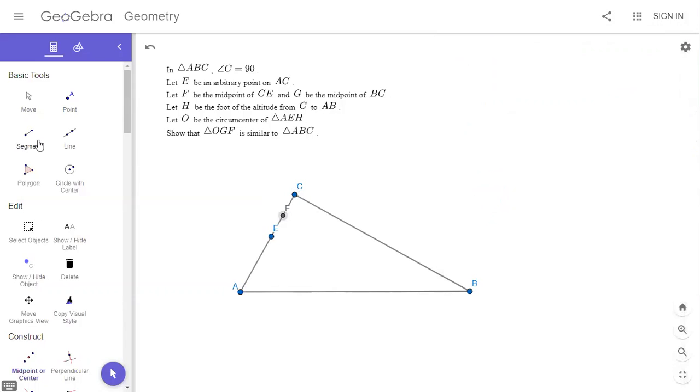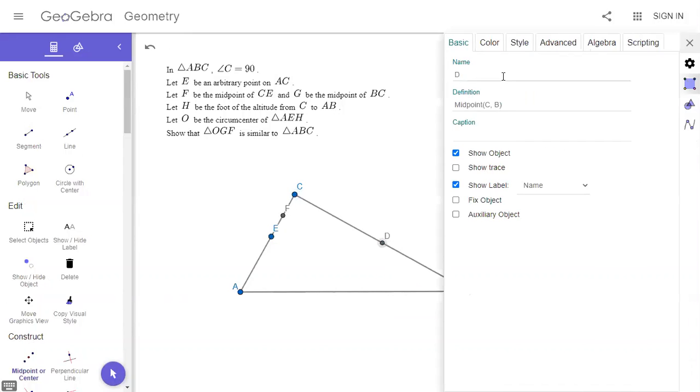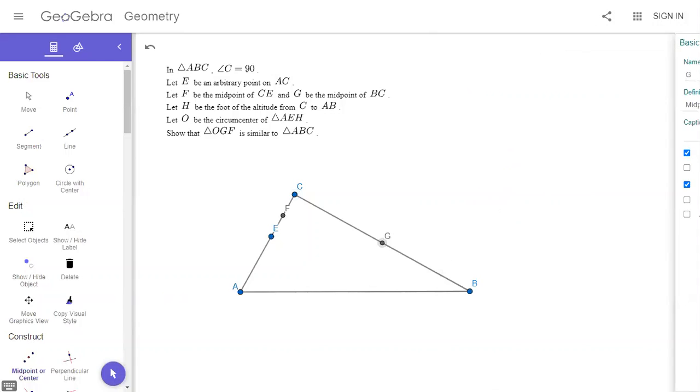G is the midpoint of BC. H is the foot of the perpendicular from C to AB.